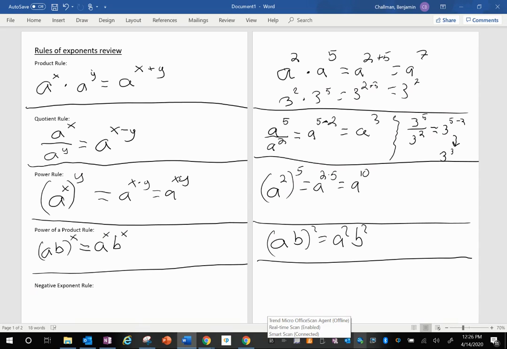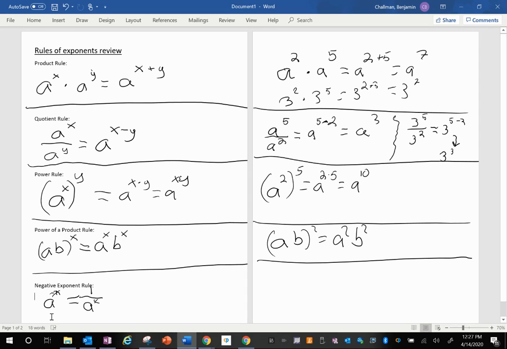Okay, so if we go back down here to the negative exponent rule, I'm going to go a to the negative x power. So notice how the exponent is a negative number now. All that does is it turns this into a fraction, and we keep the same exponent down here, as you can see, except it's not negative anymore, it's positive, but we've just taken this and moved it to the denominator of a fraction.